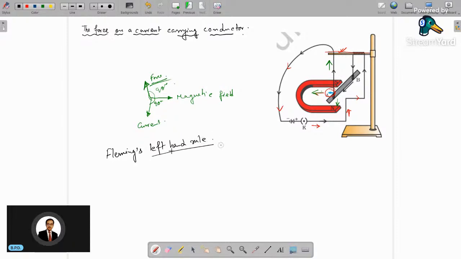Fleming's left hand rule is for motor. As you are referring to the right hand rule, there is also a right hand rule which is for generator, not for motor.